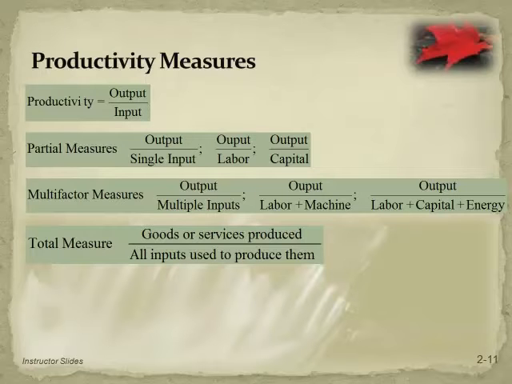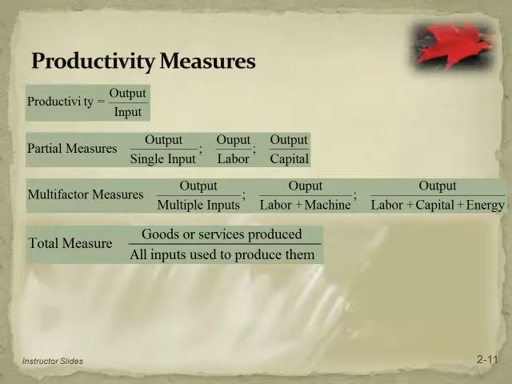Now, this slide shows several ways in which we can measure productivity. At the top of the slide is our primary formula: productivity is equal to the output divided by the input. We could also have productivity defined using partial measures and multi-factor measures. The difference between a partial measure and a multi-factor measure is in the denominator of the ratio.